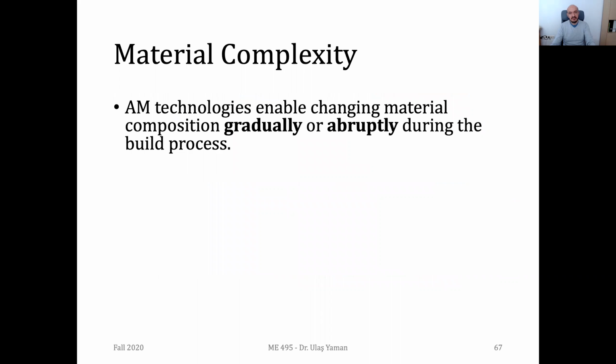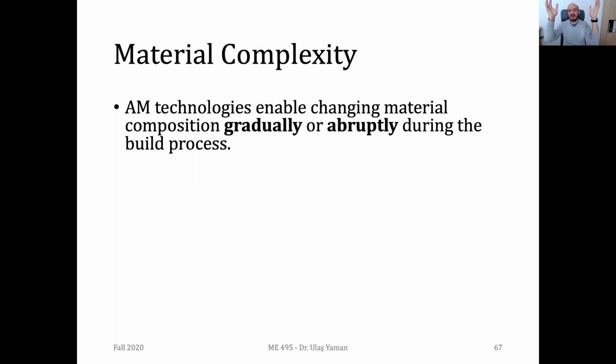Then we have material complexities. As you know, we can try to change the composition of the materials in a gradual way or in an abrupt manner. And this is much easier, especially in powder-based systems. For instance, think about, again, beam deposition or direct energy deposition systems.